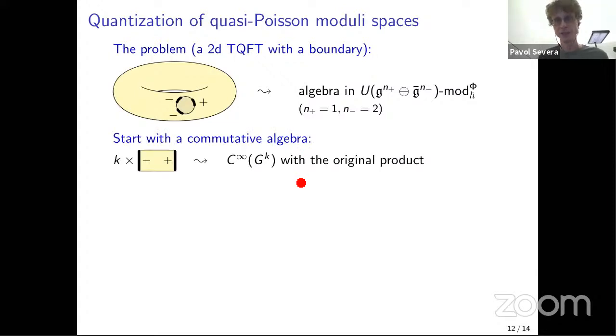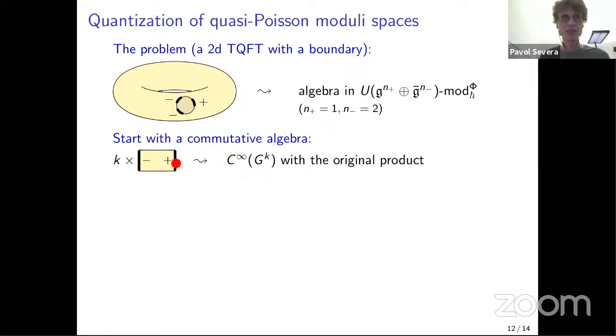Well, as I told you, we start with a commutative algebra. We start with some easy building blocks, these magnets. We take a rectangle with one minus and one plus. The moduli space is just the group G; there is just this one holonomy. And to that, we simply assign C infinity of G with its original product, so we don't have to deform anything in this case. Why is it so?